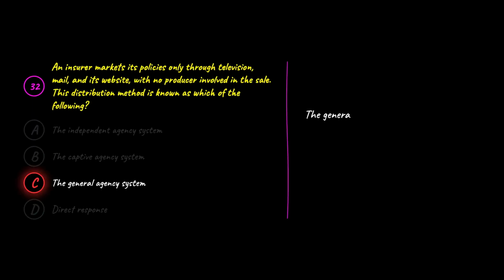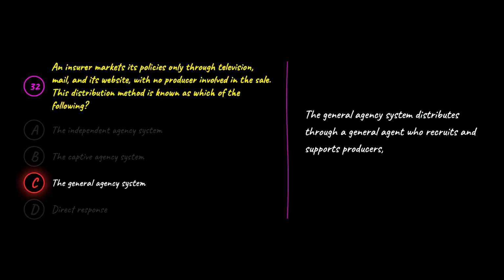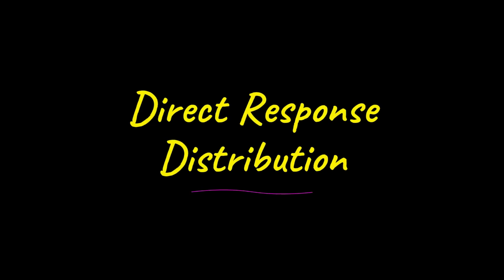C is wrong because the general agency system distributes through a general agent who recruits and supports producers, again involving salespeople in the sale. Some insurers sell straight to the consumer with no salesperson anywhere in the transaction. This is direct response distribution, defined by the total absence of a producer.